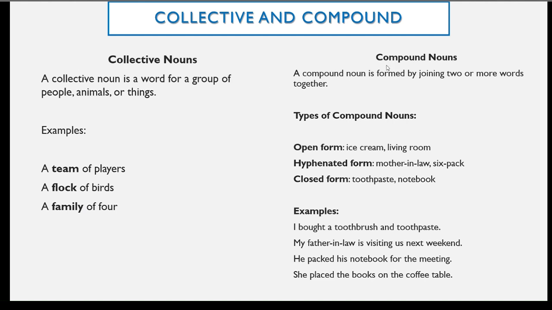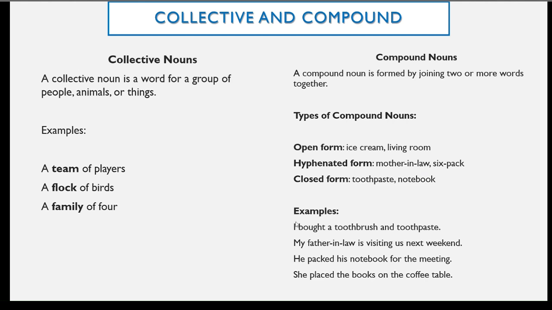A compound noun is formed by joining two or more words together. We have here three types of compound nouns: open form, ice cream, living room. Hyphenated form: mother-in-law, six-pack. Closed form: toothpaste, notebook.